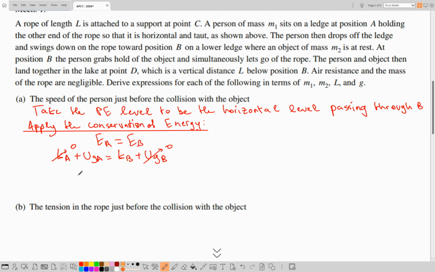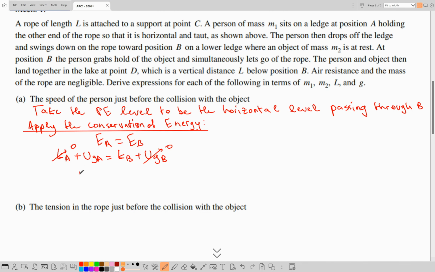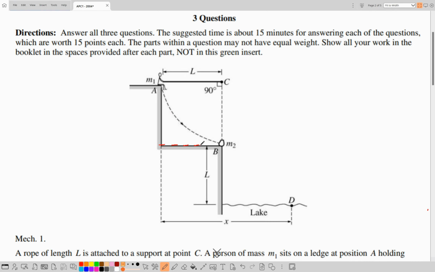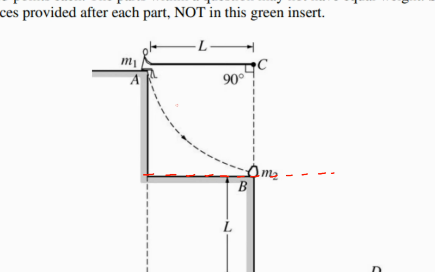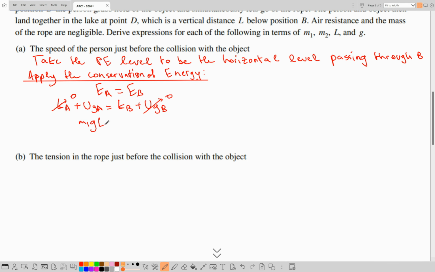Then here we can say that the person of mass M1, g, now the height, which is given by this height, and I'm considering that this is the PE level. So this height would be exactly equal to this height, which is the length L of the rope, equal to half M1 V1 squared.